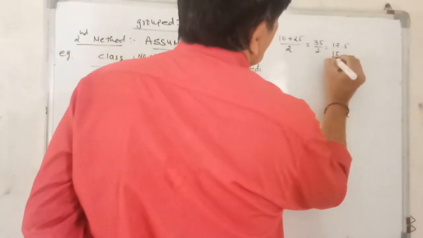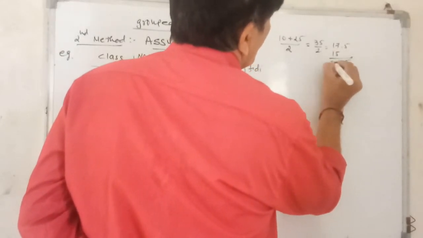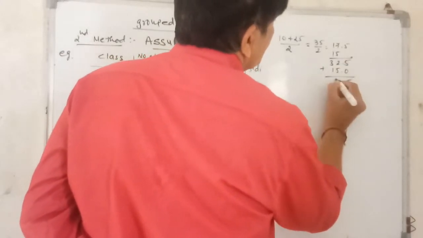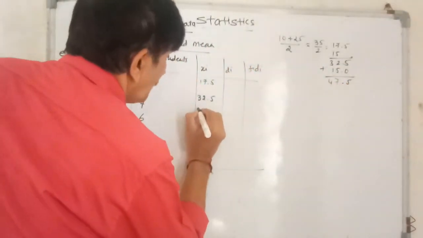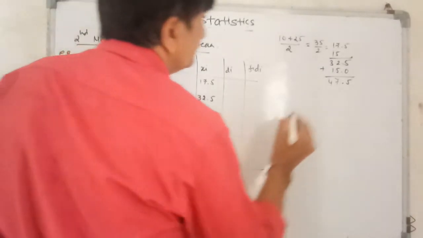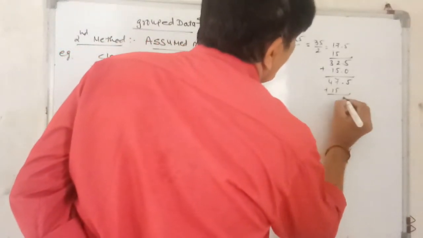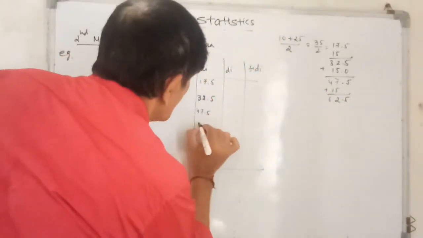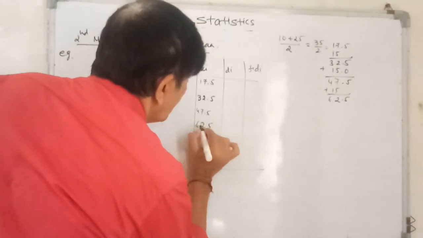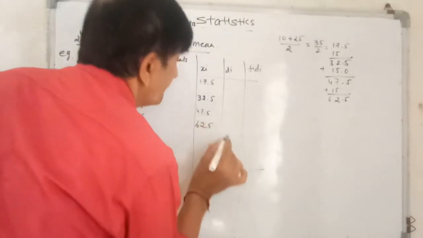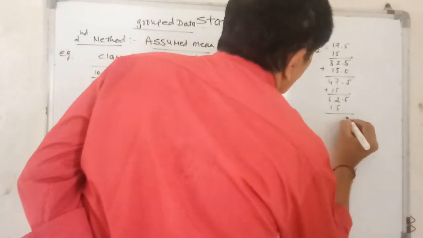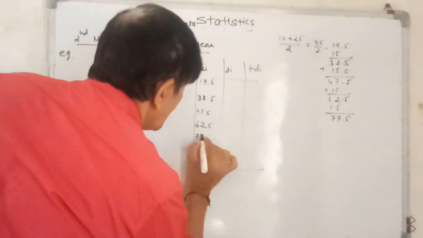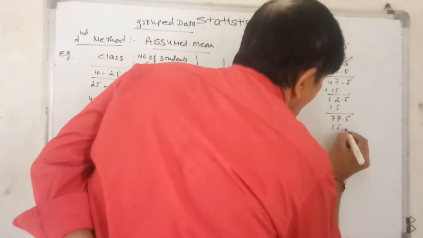Next plus 15 is 47.5. Next plus 15 is 62.5. Plus 15 is 77.5, plus 15 and so on.